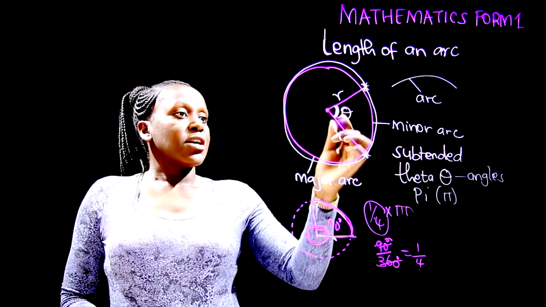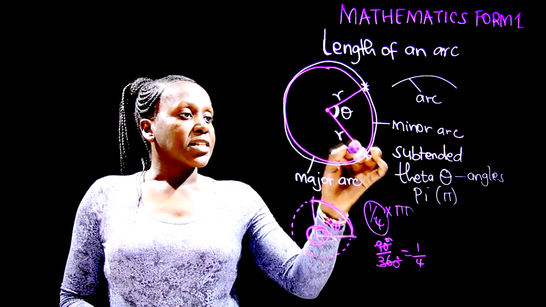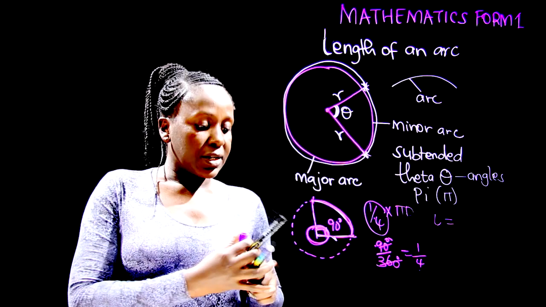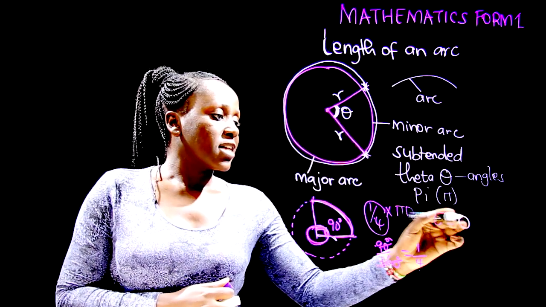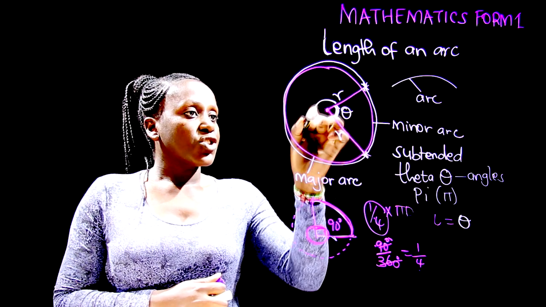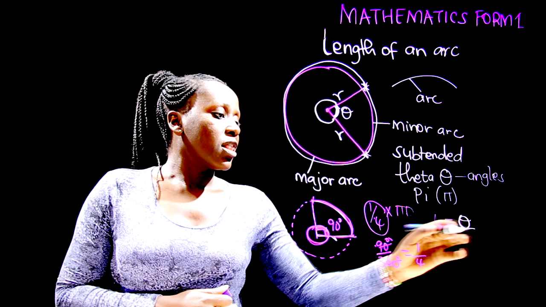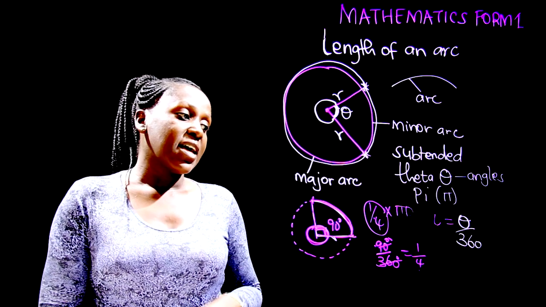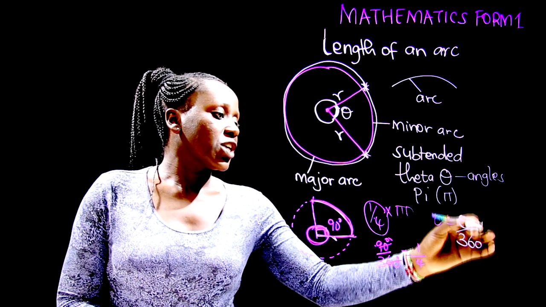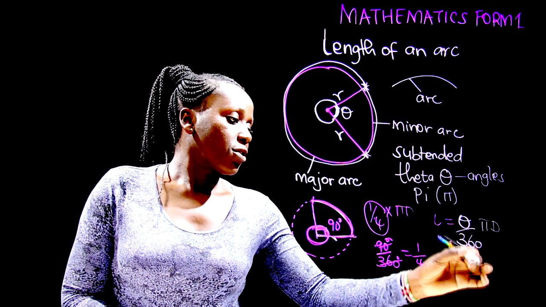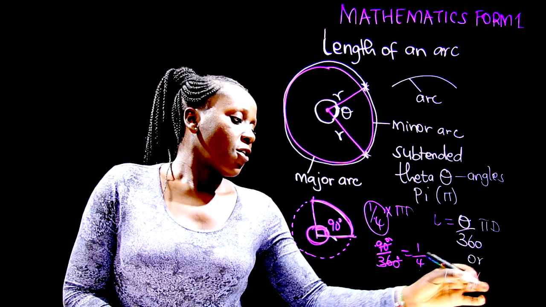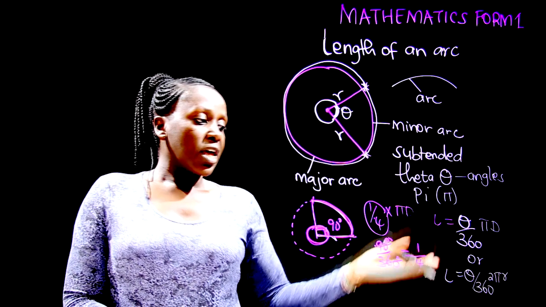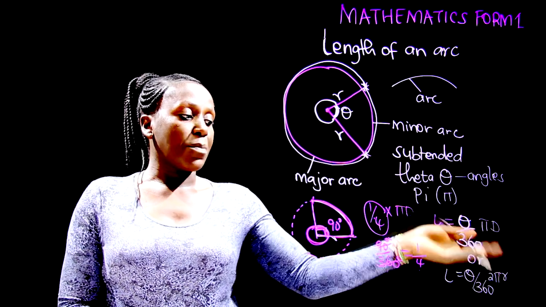So even in this case, we have an angle between this radius and this radius, and for us to get the length of the arc, we will take this angle theta here, just like we take our 90, over the total angle, which is 360, and then we multiply by the formula for getting the circumference of a circle, which is pi d, or L is equal to theta over 360 times 2 pi r, because the other formula for getting the circumference is 2 pi r.